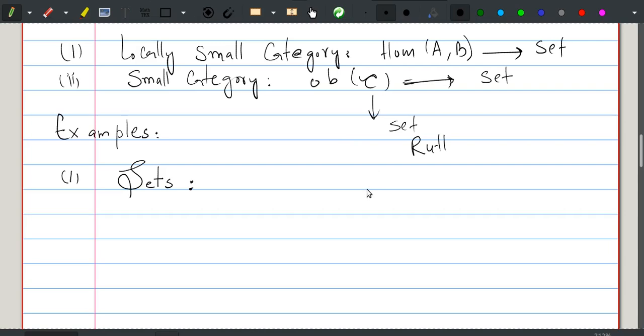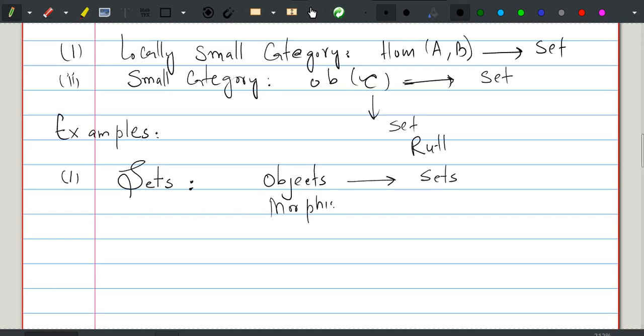So in this category, the objects are the sets, and the morphisms are just the maps between sets.